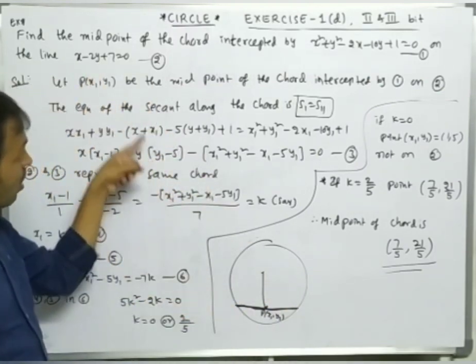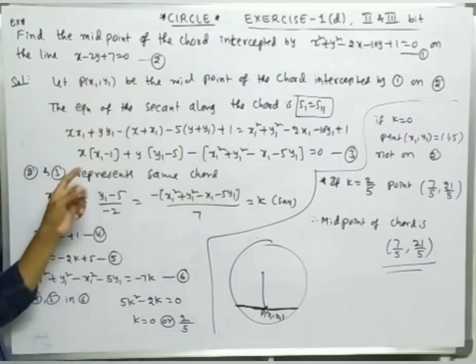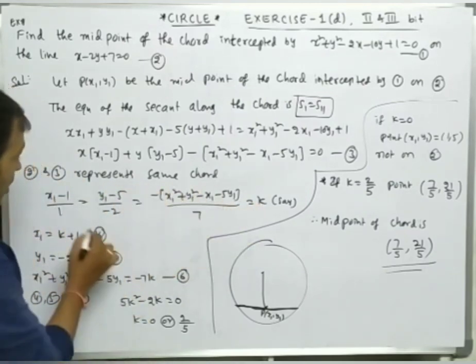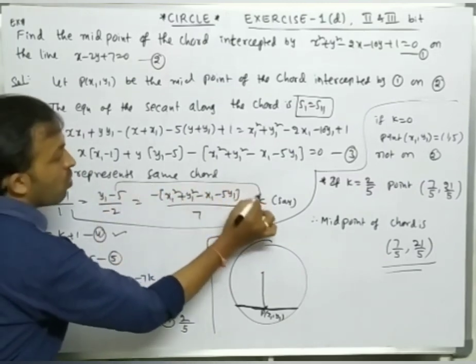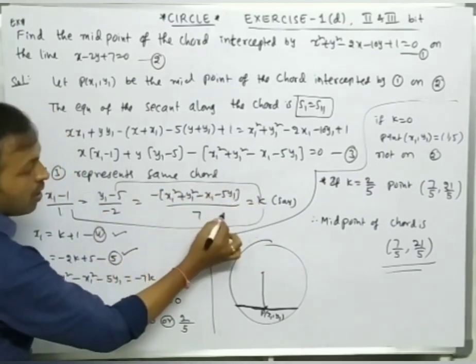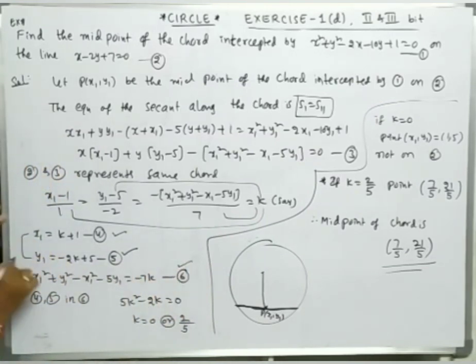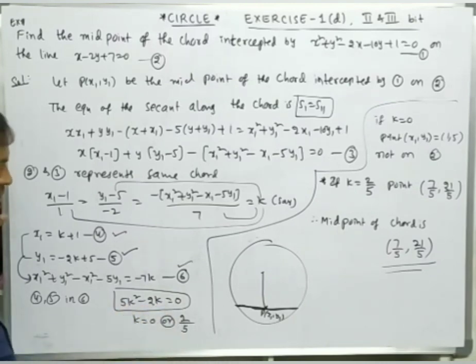So this chord and this chord, 2 and 3, represent the same, so compare the coefficients, they are in the same ratio, let the ratio be k. Equate these two, you will get the fifth equation, equate these two, you will get the sixth equation. So these are the x1 y1 values, so substitute the x1 y1 values in 6, you will get a quadratic equation. By taking k as common, 5k minus 2 is equal to 0, so k is equal to 0 or k is equal to 2 by 5.